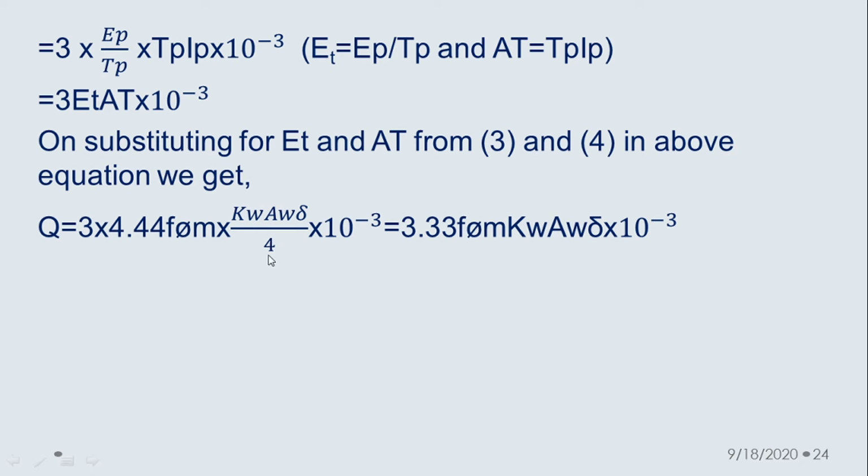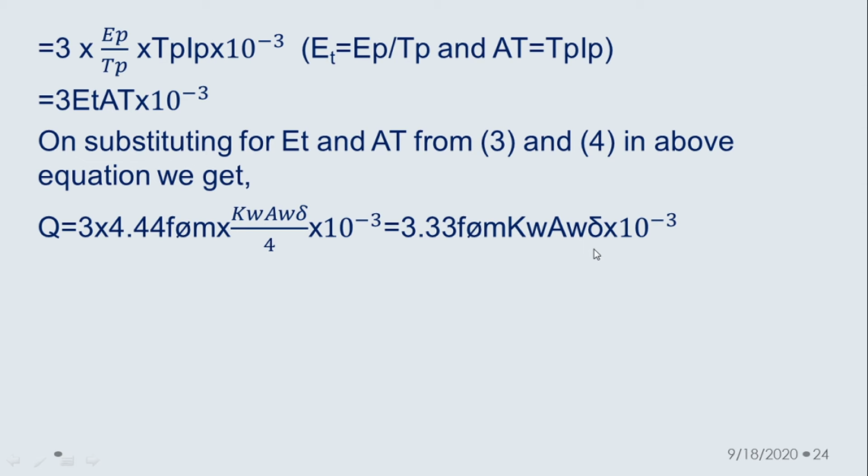The 4 and 4.44 cancel and we get 1.11; 1.11 into 3 gives 3.33. So Q is equal to 3.33 F phi-m kW AW delta into 10 to the power minus 3. This is the output equation of the three-phase transformer.